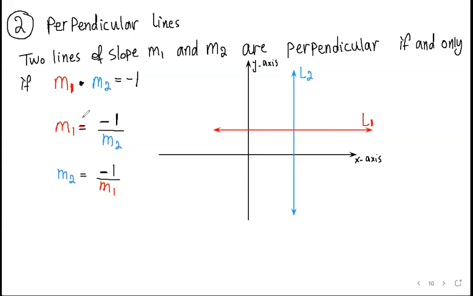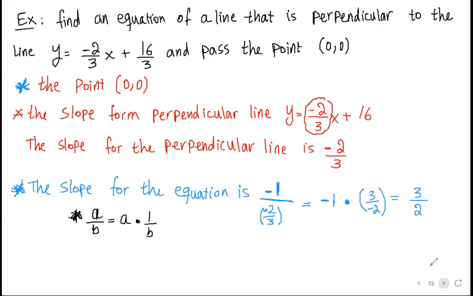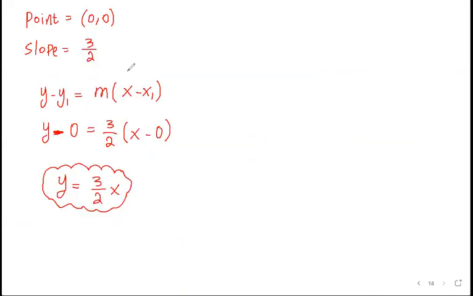Then I plug this into the equation here, -1 over the -2/3, and I get the slope for the equation I need. I have the point, I have the slope, plug it inside the equation. Then I get the equation for the question.